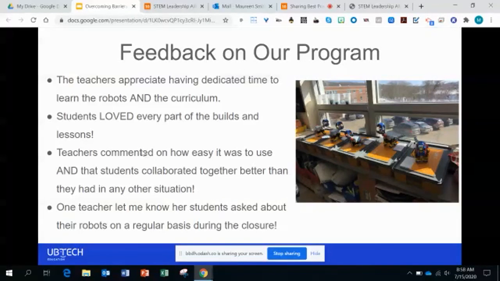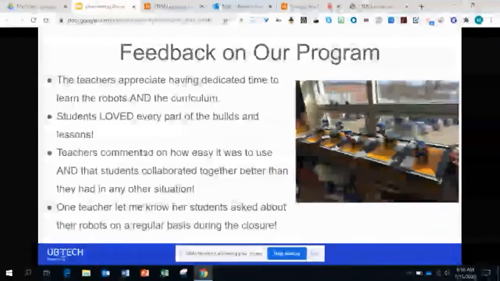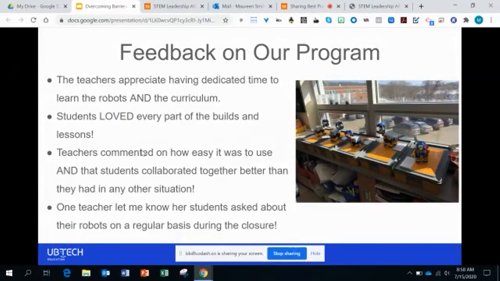And so, when you look at any sort of robotics program, I really think the teacher support is, at least for us at first, it was one of the things we lacked. I know for me as a classroom teacher, I really struggled with it.